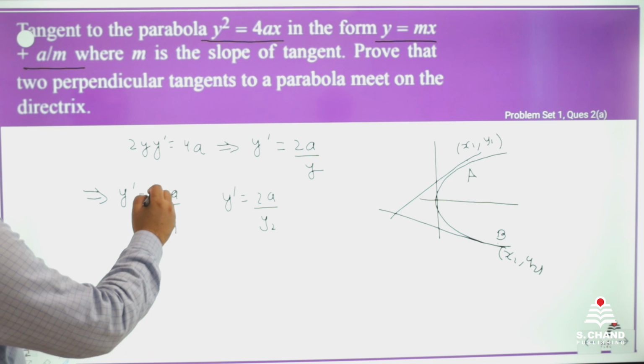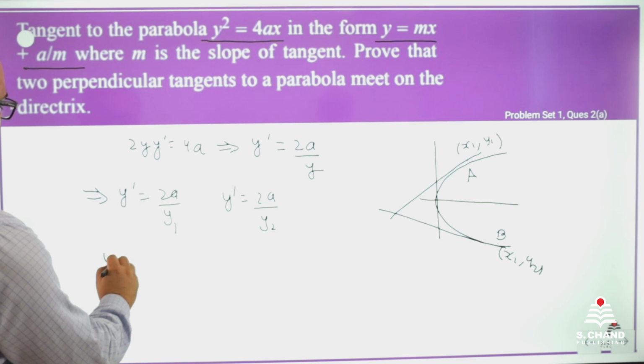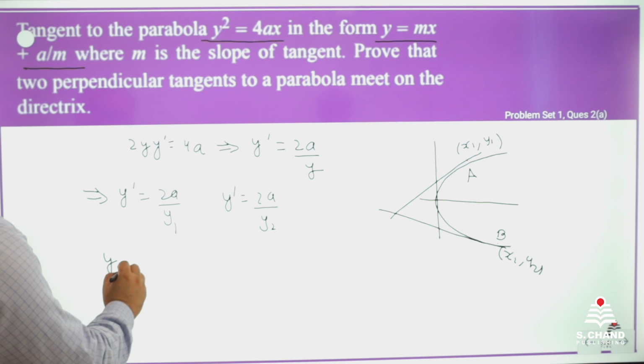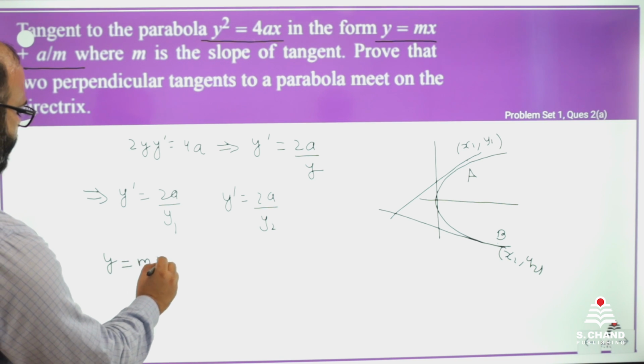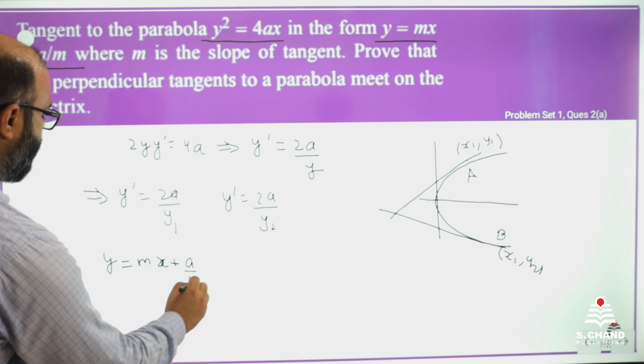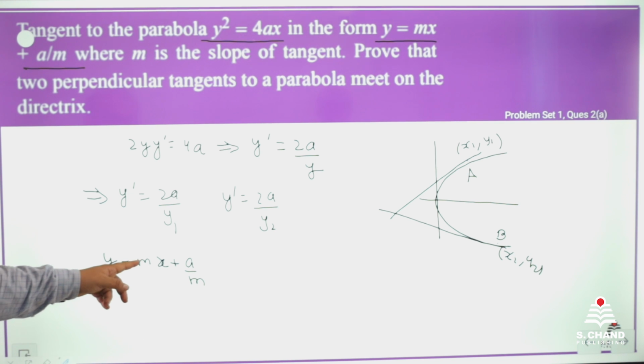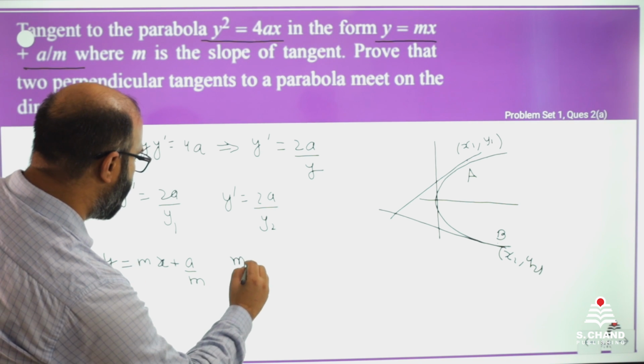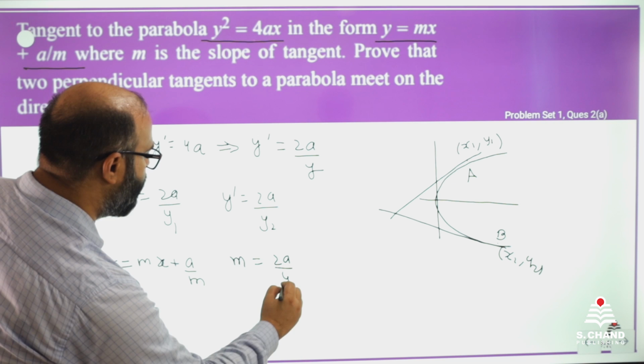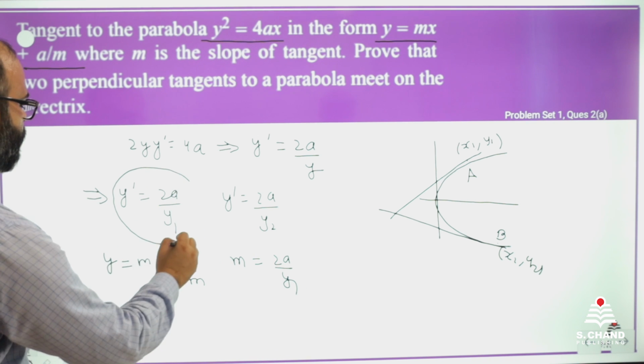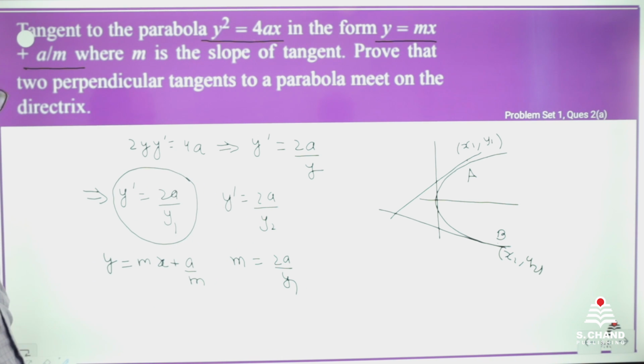Now the equation will be y is equal to mx plus a by m, as it is given. So you can see that the slope m is equal to 2a by y1 for this one. Similarly, for this one also you can find the slope.